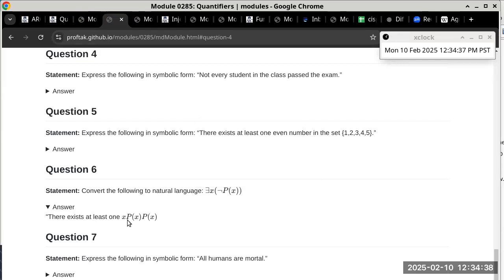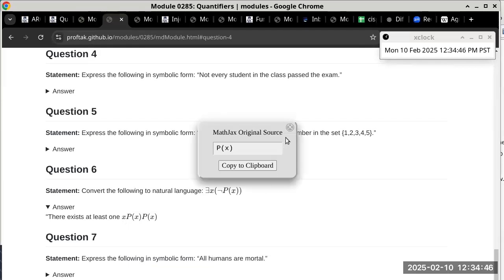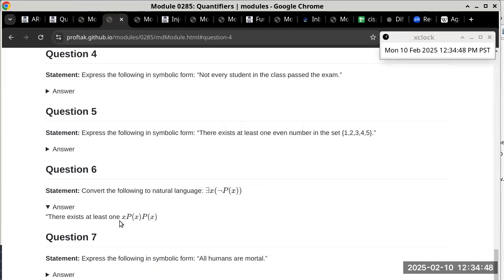At least one X such that P of X is negated. I have no idea why. This is AI generated, and that's one of the problems with AI generation. So the answer would be there's at least one X such that P of X is false.